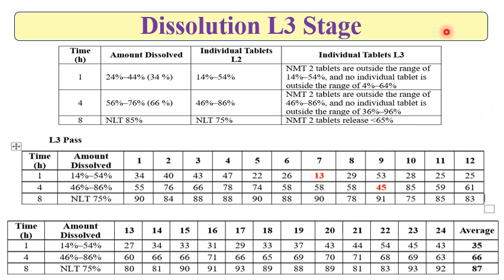And you can exercise these tables. You can write down these figures from the table, and you exercise and have the complete understanding of when the dissolution will fail and when it will pass. Once you do this numerical exercise, you will never forget these dissolution stage requirements.